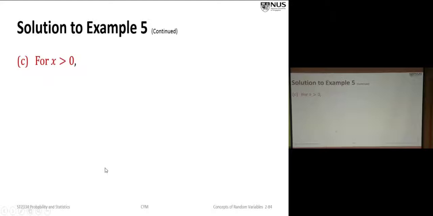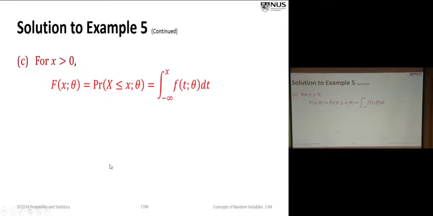Then find the CDF. So we just do the integration. And now you have to be careful, because we are working on F of x, and x is fixed. While in the integration, the variable, you try to avoid using x because x has a meaning here, referring to this x value.